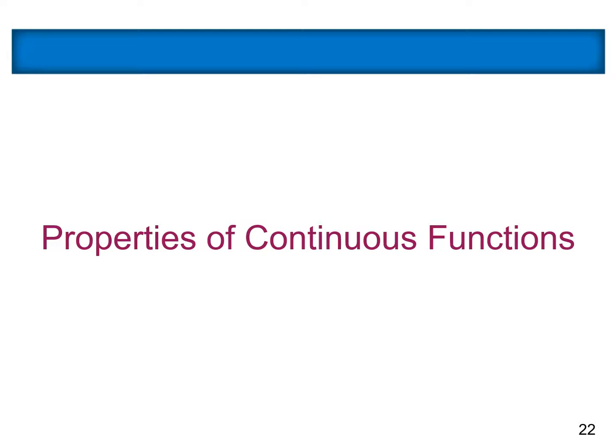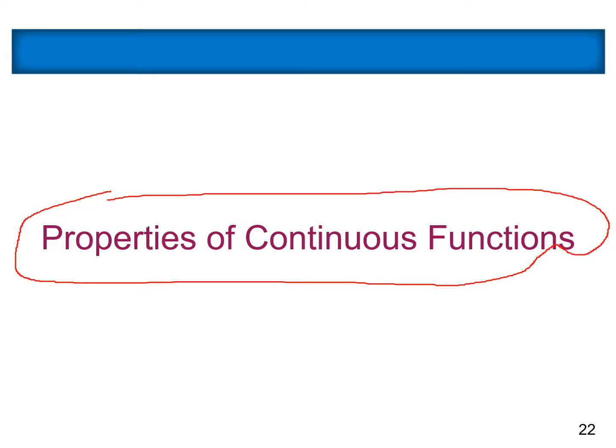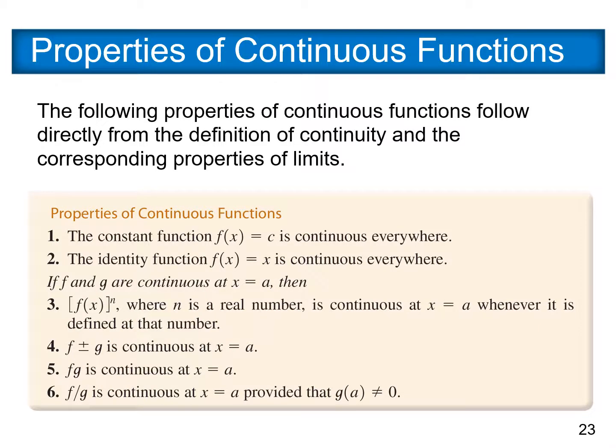Now, in terms of properties of a continuous function, let's get into it. The following properties of continuous functions follow directly from the definition of continuity and the corresponding properties of limits. A continuous function will have 6 different properties.